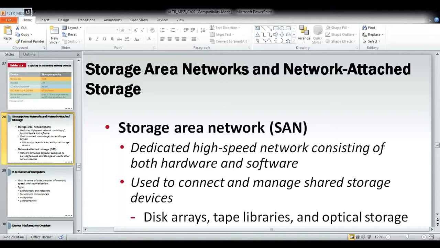When we are choosing between a SAN and a NAS, there are some factors we need to consider. Sometimes we can use both of them, and we call it a hybrid solution. SAN offers only storage, while NAS offers both storage as well as file server.